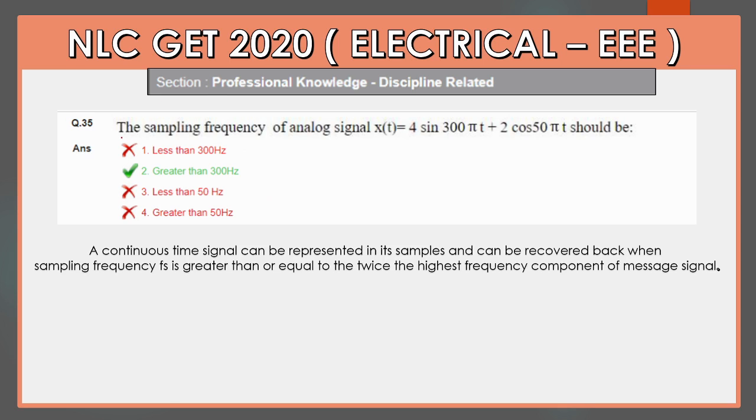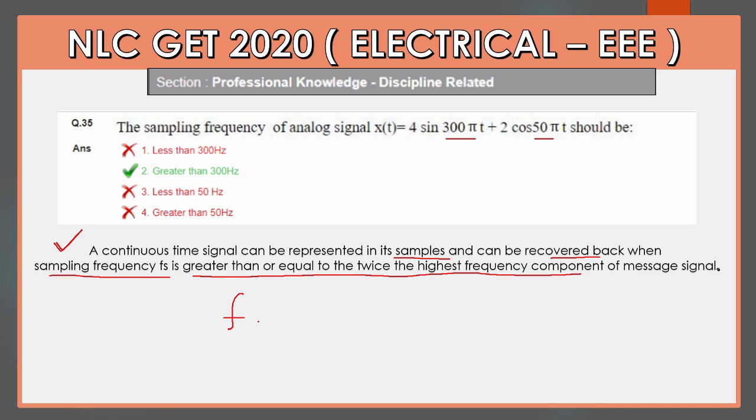Next question is saying, the sampling frequency of the analog signal s(t) equal to 4 sin 300 pi t plus 2 cos 50 pi t should be. So according to the sampling theorem, we know that a continuous time signal can be represented in its samples and can be recovered back when the sampling frequency fs is greater than or equal to twice the highest frequency component.